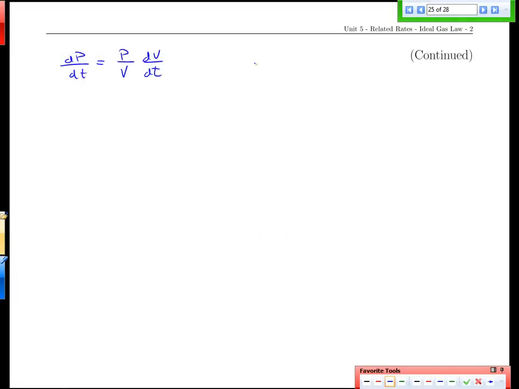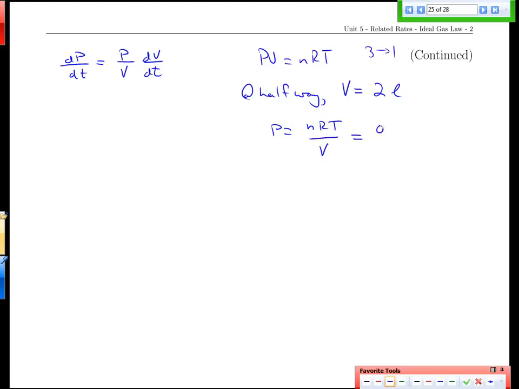That's our related rate. And we also have PV equals nRT. And at the halfway mark, the volume is what we know. It's going from 3 down to 1, so halfway through it'll be 2 liters. Well, if we have 2 liters, then pressure will be nRT over V. We can start filling in values.